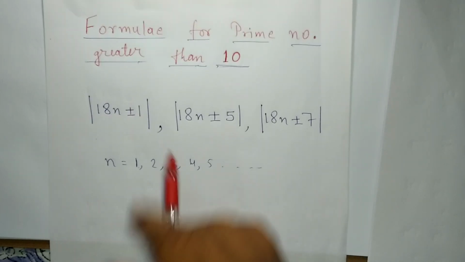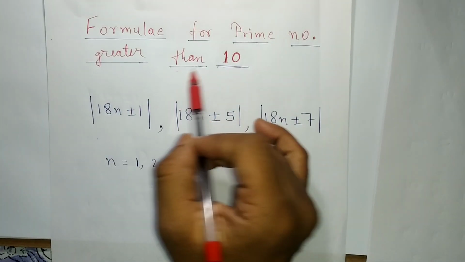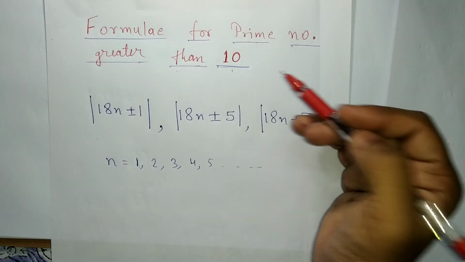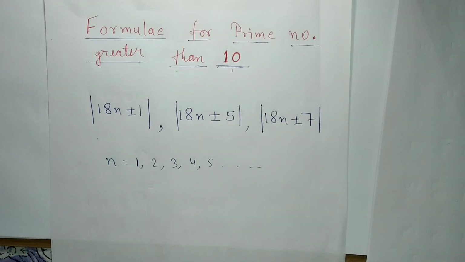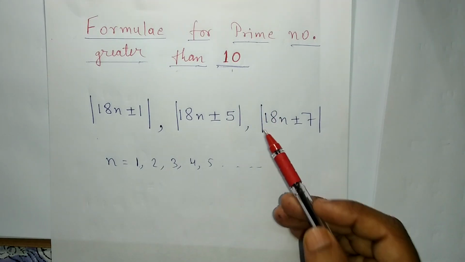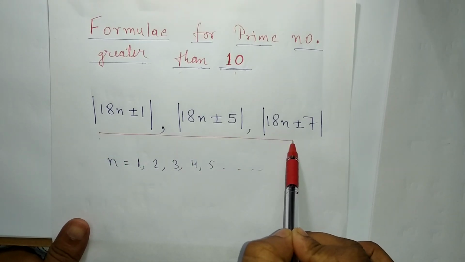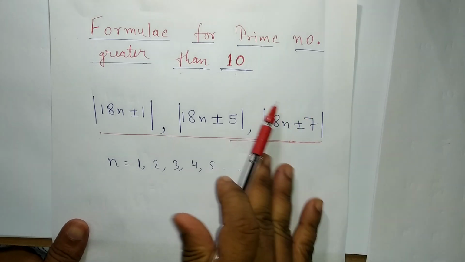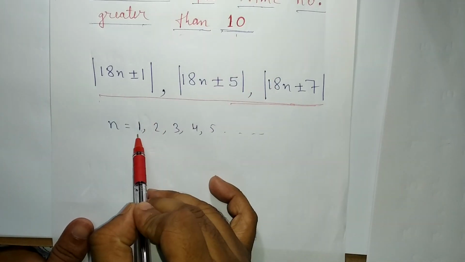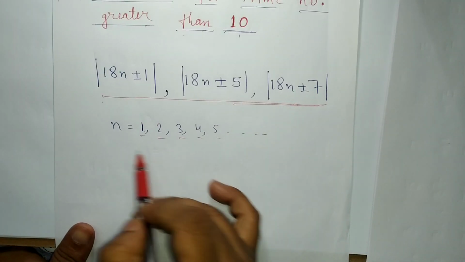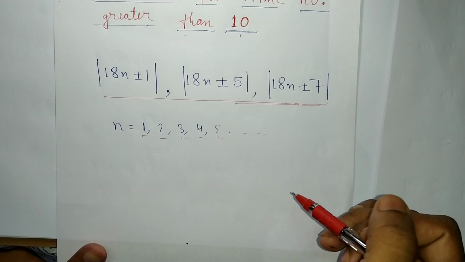It is seen that for this formula for prime numbers greater than 10, the chance of getting a prime number through this formula is very, very high. And when n equals 1, 2, 3, 4, 5, n is a natural number. Clear?